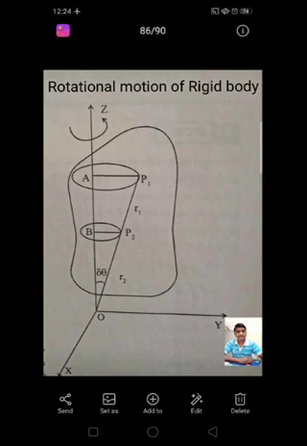We can study the motion of a rigid body with the help of its center of mass, but it is not an easy one, it is complicated.